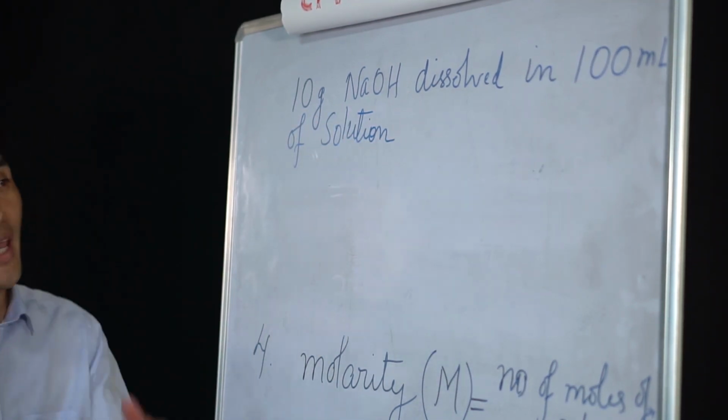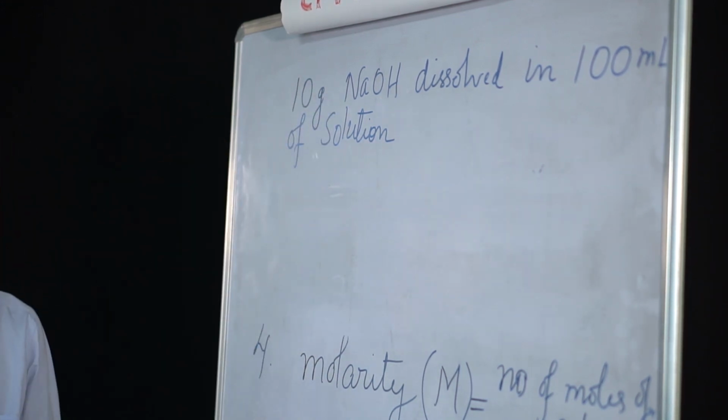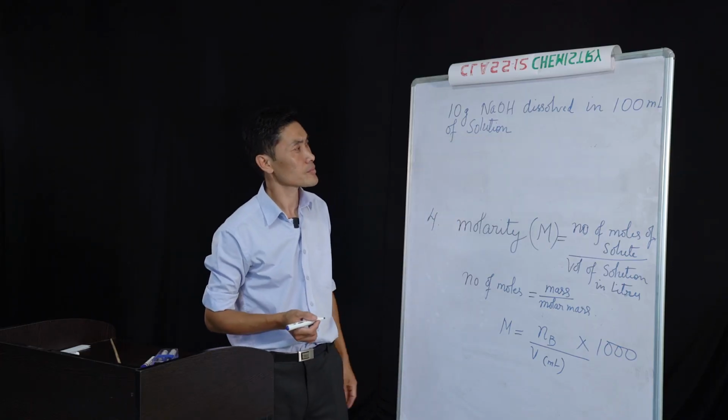If we have 100 ml of a solution in which 10 gram of sodium hydroxide is dissolved, what should be the molarity of the solution?